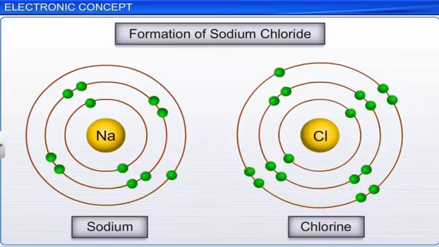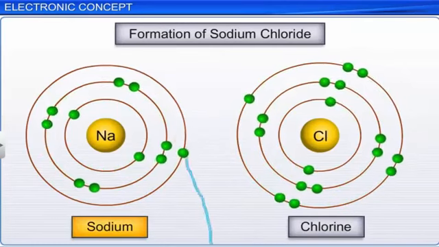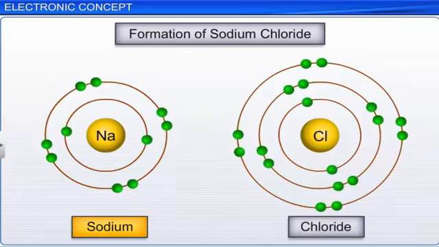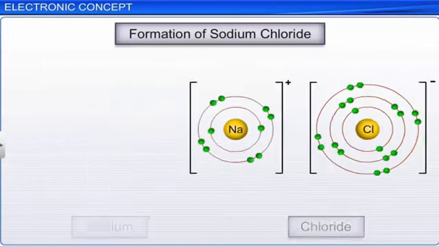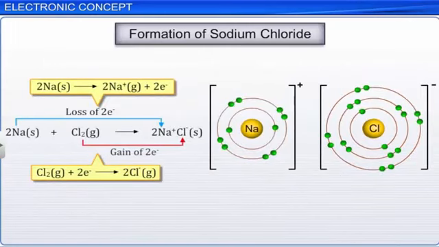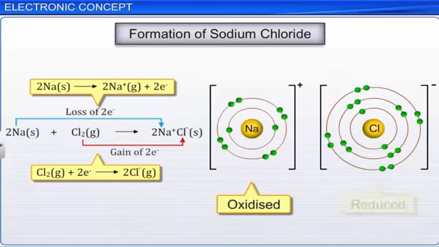In this reaction, sodium loses an electron and forms Na+ ion, while chlorine gains an electron and forms Cl− ion. Hence, according to electronic concept, sodium is said to be oxidized, whereas chlorine is said to be reduced.